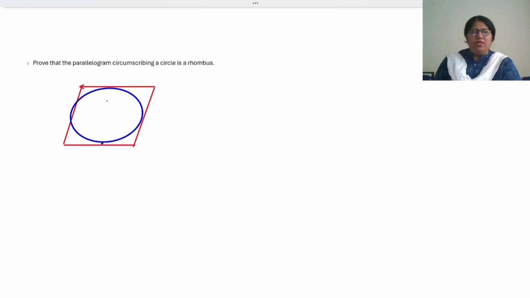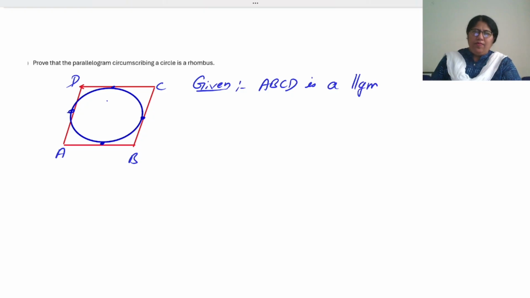So if ABCD is a parallelogram, right? So what is given here? Let us start with whatever is given. ABCD is a parallelogram, right? What is given here then?